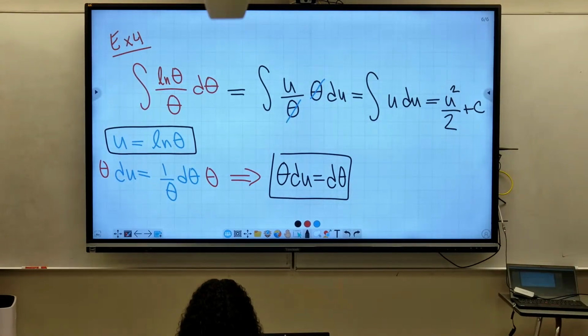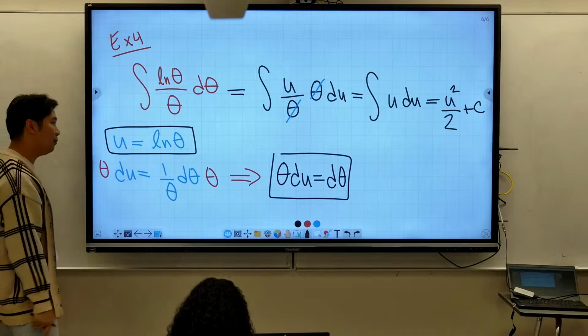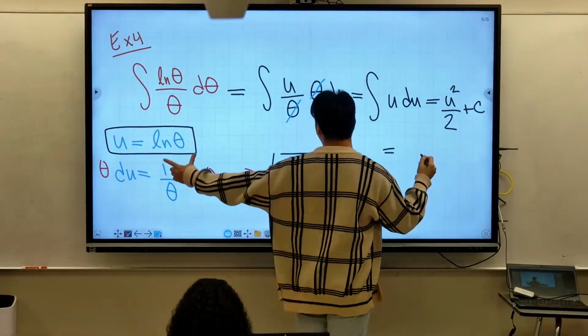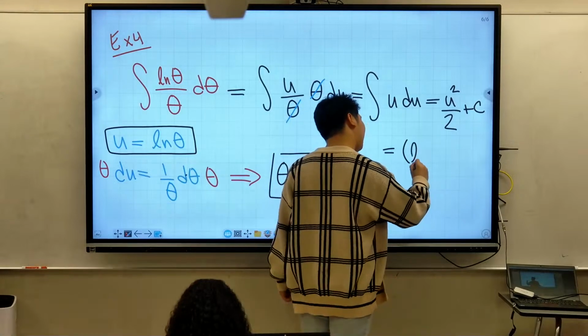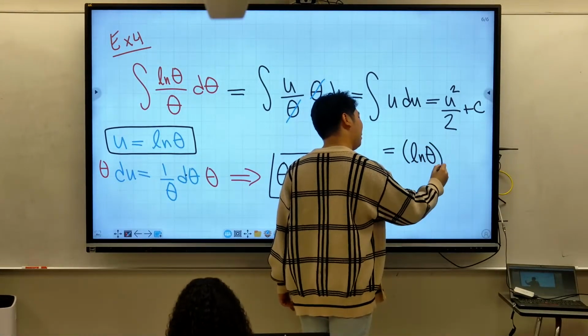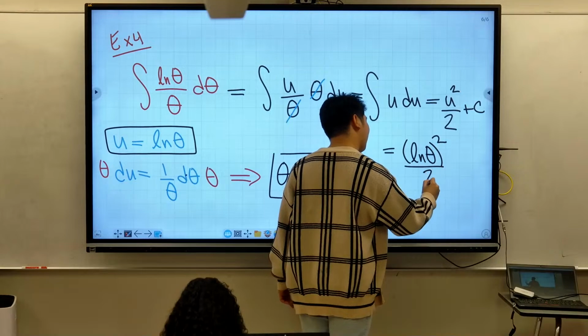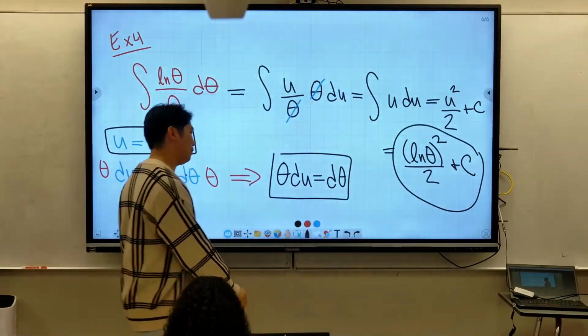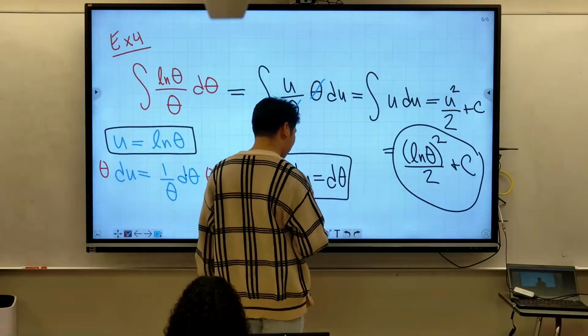And now, again, I don't want my answer in terms of u. I want it in the original letter, in this case theta. So instead of u, I have natural log of theta. So natural log of theta squared over 2 plus c, and then I have my answer.